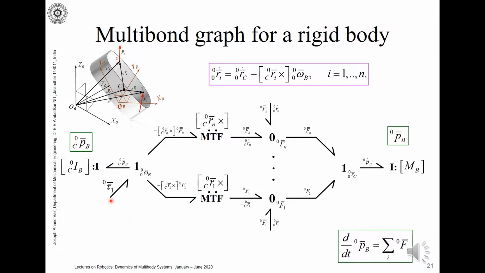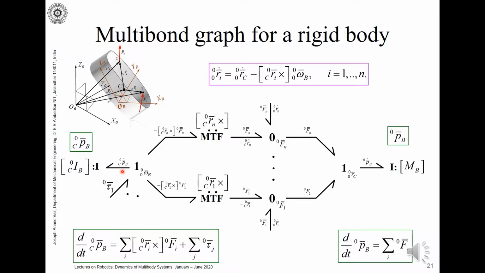You may have moments additionally, torques, which are actually a combination of equal and opposite forces separated by distances. So the summation of those forces would be just 0, but there would be a moment of this couple which is given by the torque. Torque 1 may have more such torques acting, torque 1, torque 2, and so on.